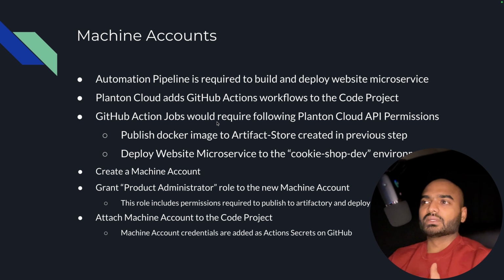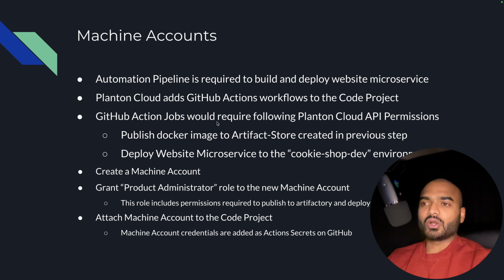But Planten Cloud only orchestrates the CI/CD pipelines by creating the appropriate pipeline code on GitHub. On GitHub, the pipelines are offered to the users in the form of GitHub Actions. So Planten Cloud would create GitHub Actions code in your own code repository.